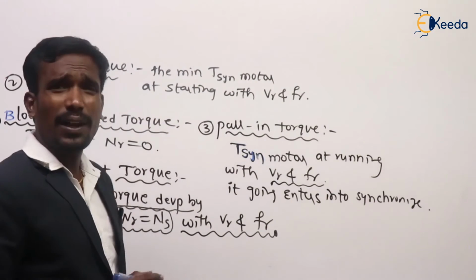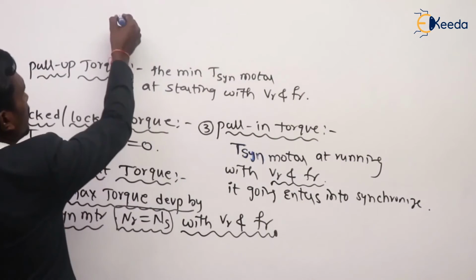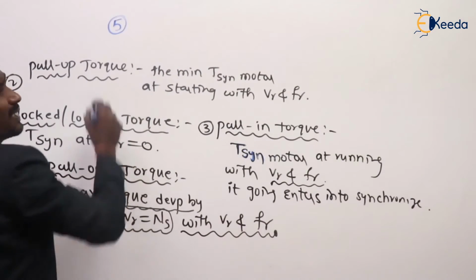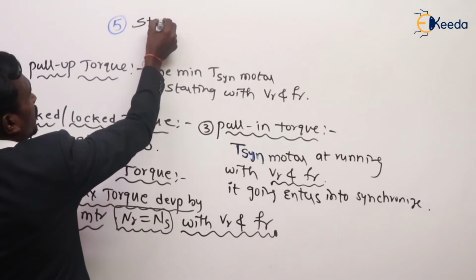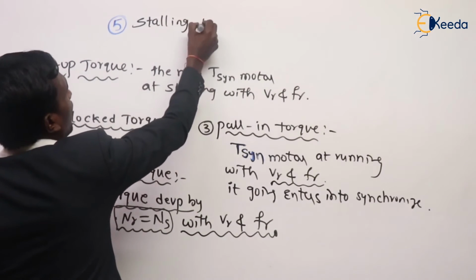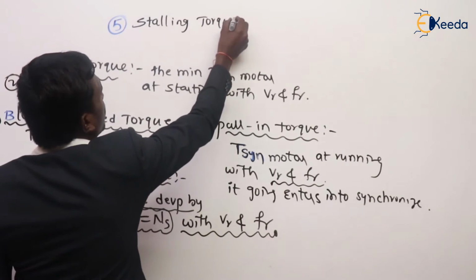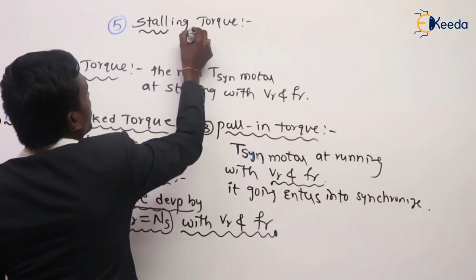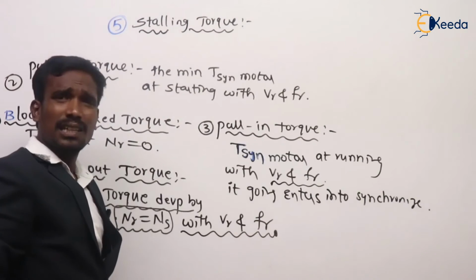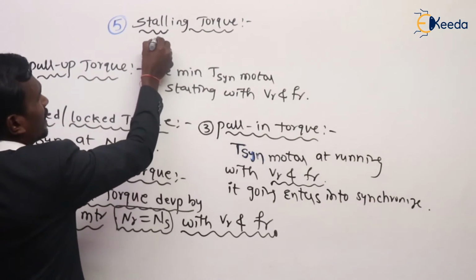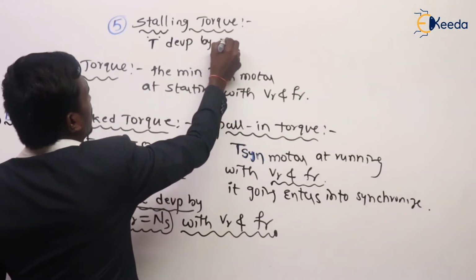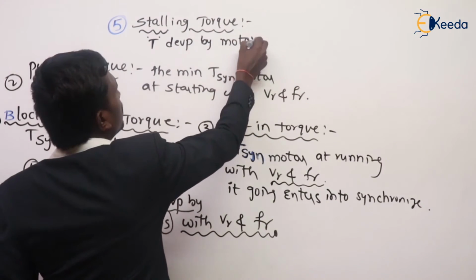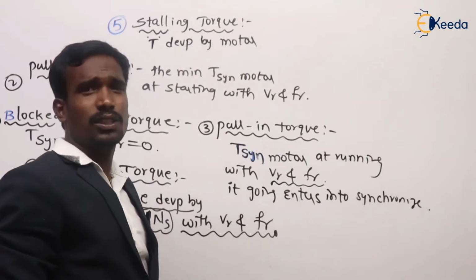Another, fifth point is there. What is stalling torque? They may also ask you a question on stalling torque. So tell me, can you define it? This is the torque developed by any motor, it may be a DC machine or an induction machine also.